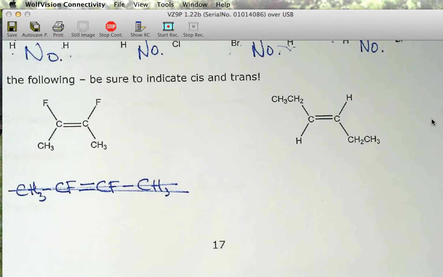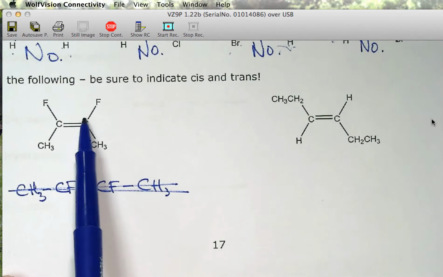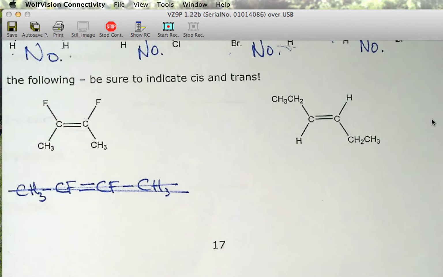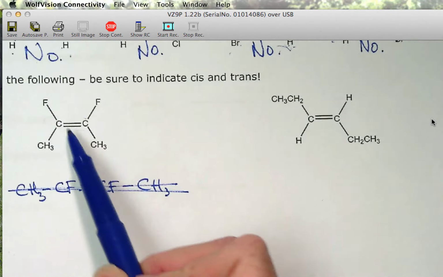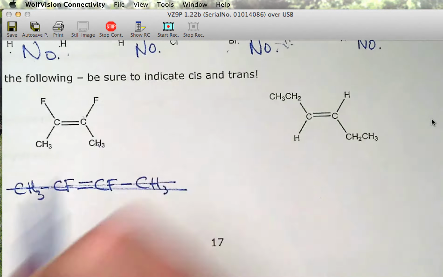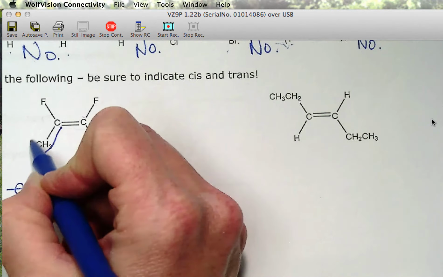Just because that double bond is written explicitly right in front of you doesn't mean there isn't something else attached to it. There could be carbons coming off of that, and that could be part of your parent chain. So a lot of times students will circle these two carbons and say, that's ethene. I'm sure of it. I know it. I'm convinced. And it's a cis-trans isomer. I'm going to get full credit on it. But they forget to look to the left and right of this. Are there other carbons? And there are.